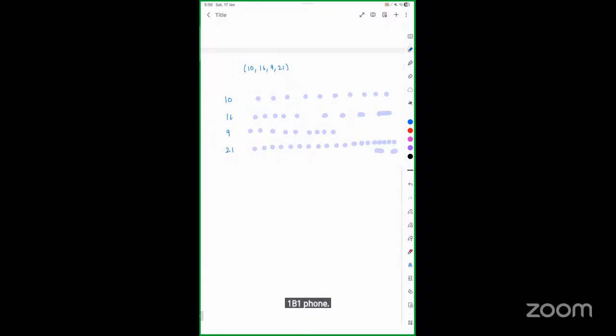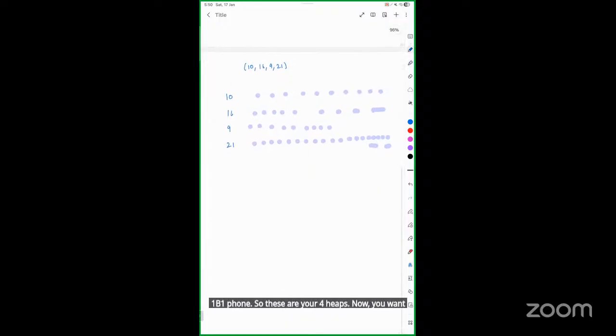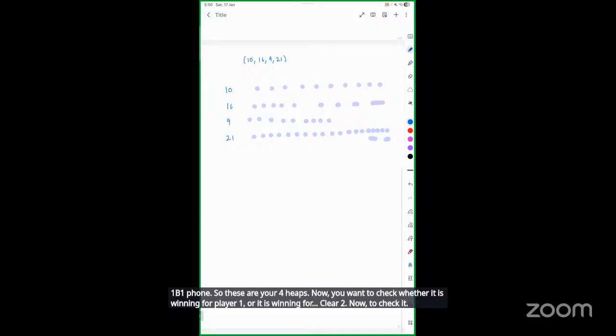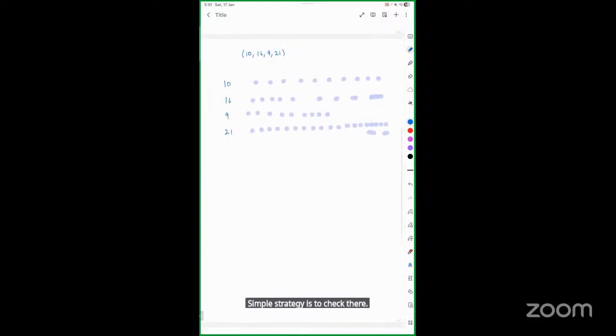So these are your four heaps. Now you want to check whether it is winning for player 1 or for player 2. To check it, the simple strategy is to check their XOR sum.